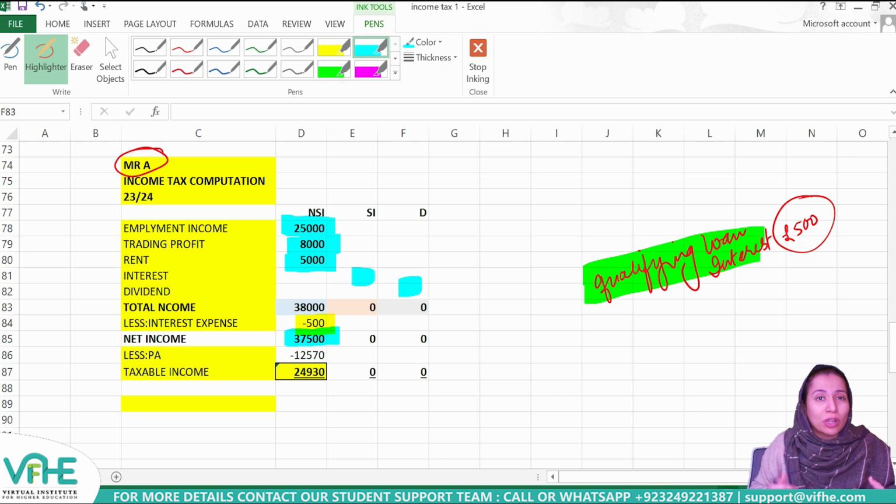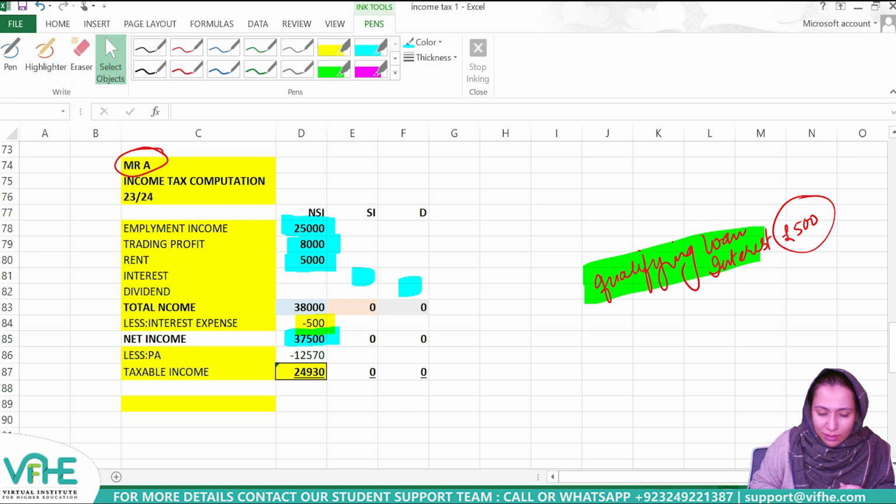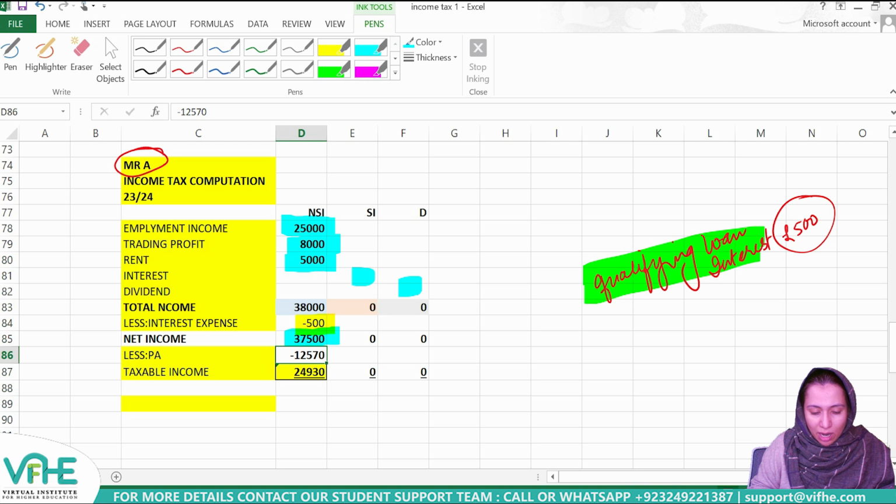We already know the figure for personal allowance: yes, it is £12,570. So £12,570 is going to be deducted against the net income, and that's how we come to know what our taxable income is.